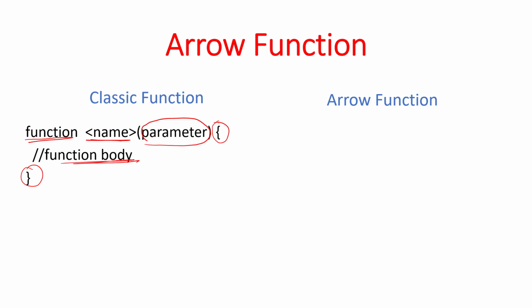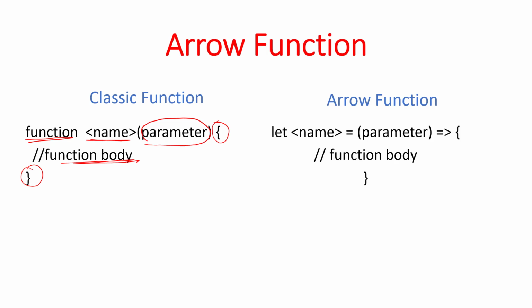But in the arrow function, we start with a let or const keyword. We can always use the const keyword if we are sure that we are not going to change this value and we want it to be a constant. Then there is a function name, for example, if I write a function like sum, this is the function name, and that comes here.